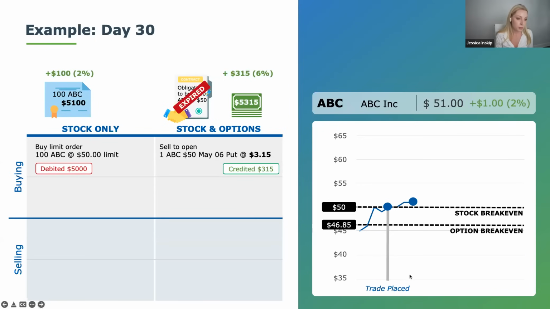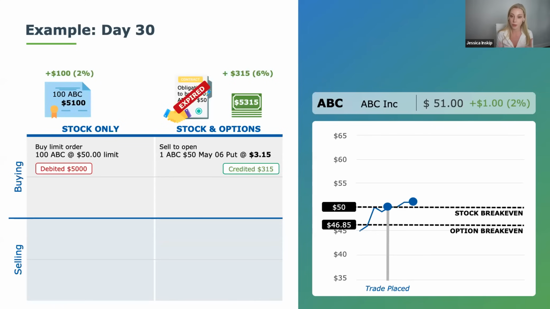So assuming here until expiration, ABC goes up $1, it's up 2%. So the stockholder, pretty simple, the stock goes up the equivalent amount, so up 2%, the stockholder made $100. The stock and options trader is not obligated at this point to buy because that put isn't worth anything.